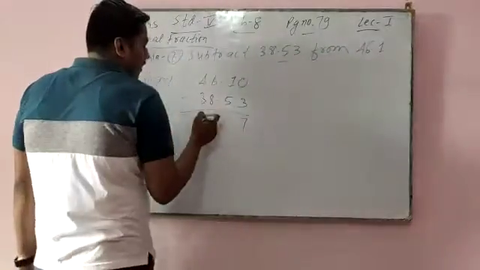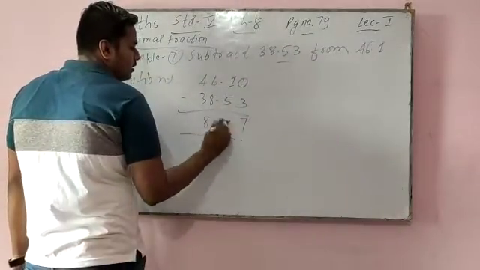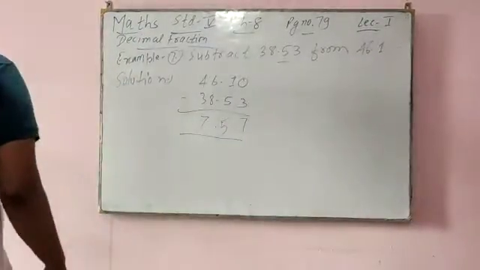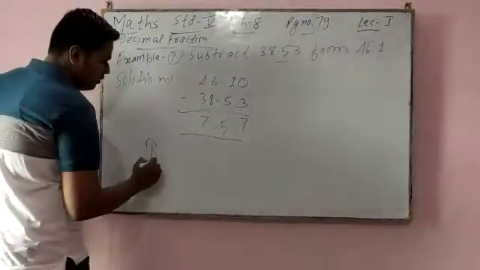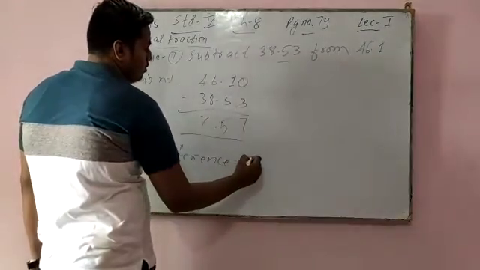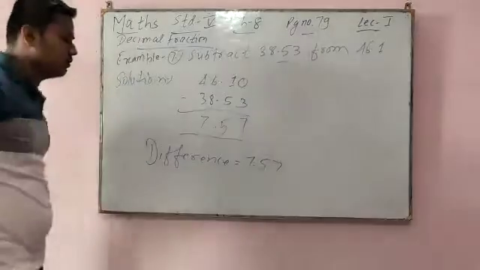Decimal point. Then 15 minus 8 is 7, and 3 minus 3 is 0. So the difference is equal to 7.57.